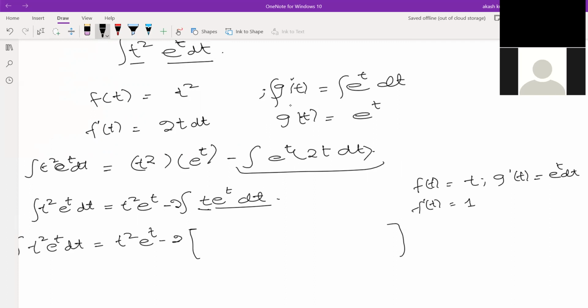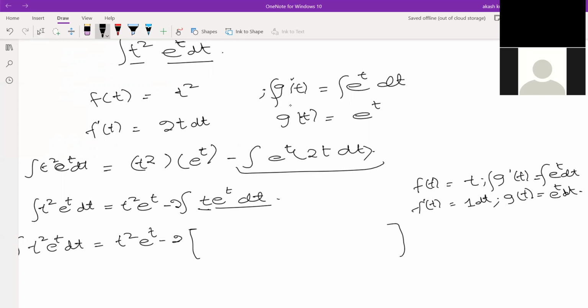Yeah, we have taken f of t as t, and we have taken g dash of t as et dt. When we differentiate f of t, we will be getting 1 dt. For that, we have to again take the integral, and g dash of t will become g of t equals et. Is it clear? Until now, yes.